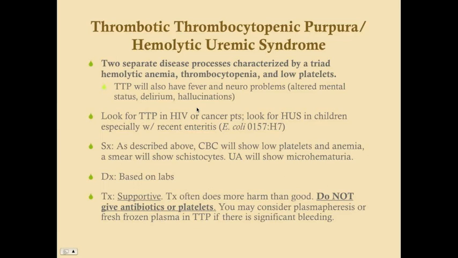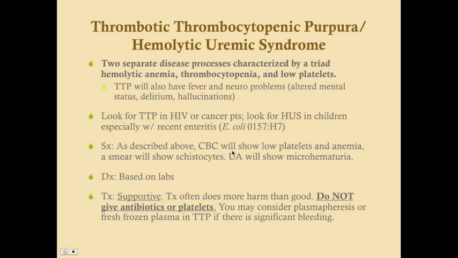And you're going to want to look for HUS, particularly in children that have had a recent history of enteritis. And the bacteria that's associated with HUS is the E. coli O157:H7. So the symptoms are as described above. So definitely keep this triad in mind, the hemolytic anemia, uremia, and low platelets. And then keep in mind the extra two symptoms you see in TTP, which is the fever and neurologic problems.